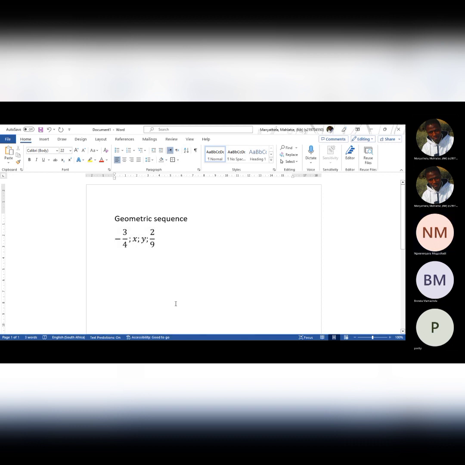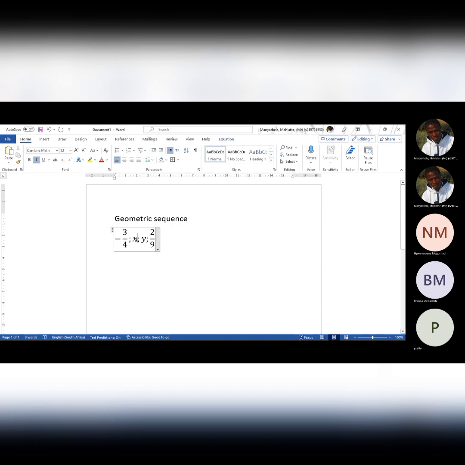In a geometric sequence, to calculate the next term, we take the term and multiply by the ratio again. Moving to the second term, the next term is y.